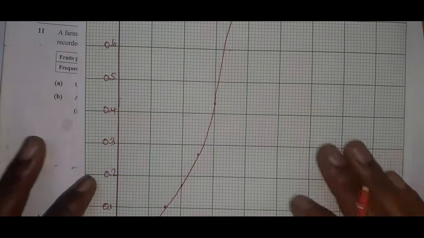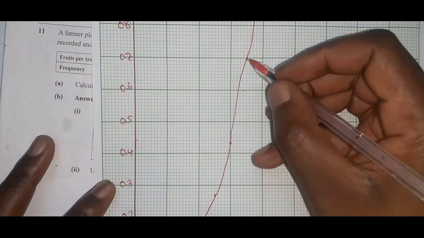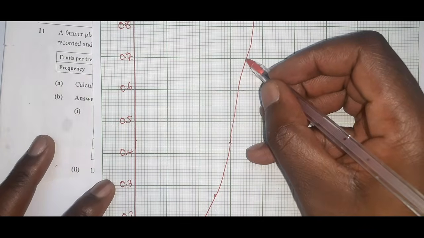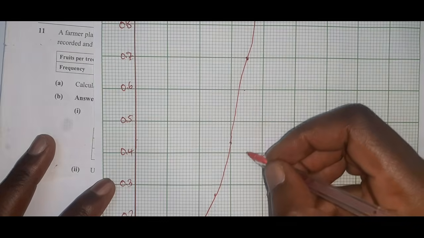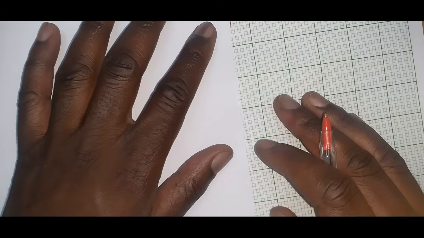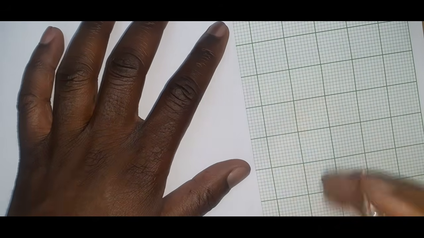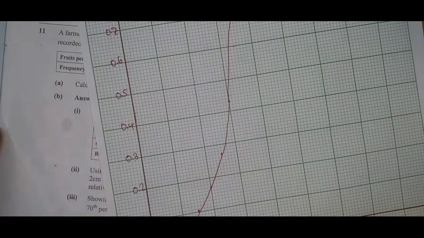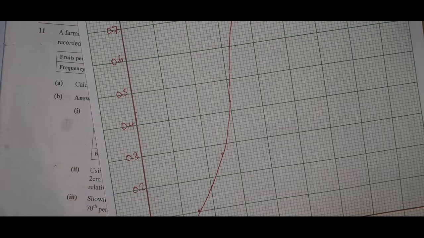Where do you have 0.7? 0.7 is along this, then you get to the graph here. Then this line that drops down here, you follow it nicely. Or if you want, you can put a ruler or paper so that you don't lose your line. It will come directly to 7 here.